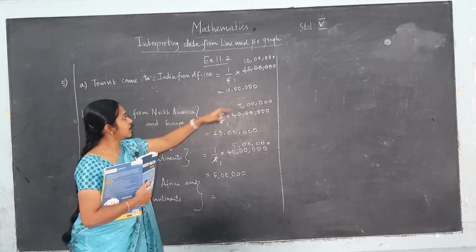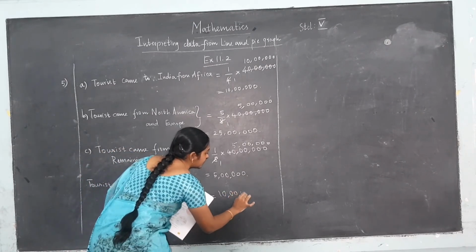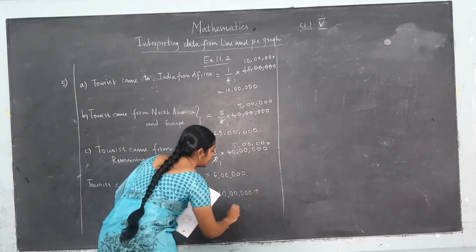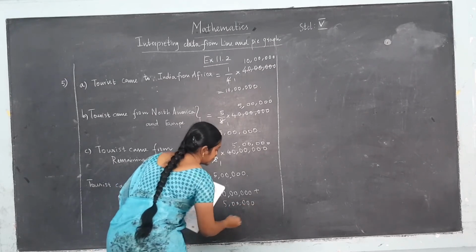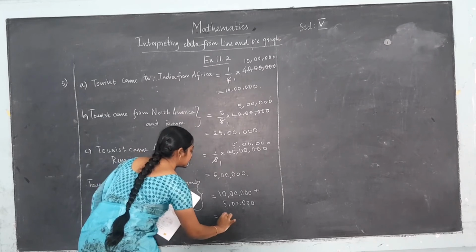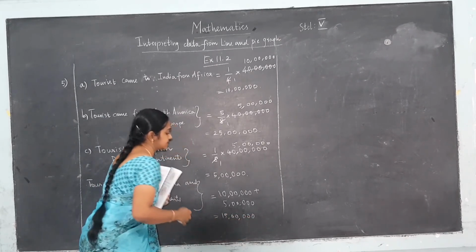From Africa, we are having 10 lakhs. From remaining continents, we are having 5 lakhs. So, 10 lakhs plus 5 lakhs is 15 lakhs. So, 15 lakhs is the answer.